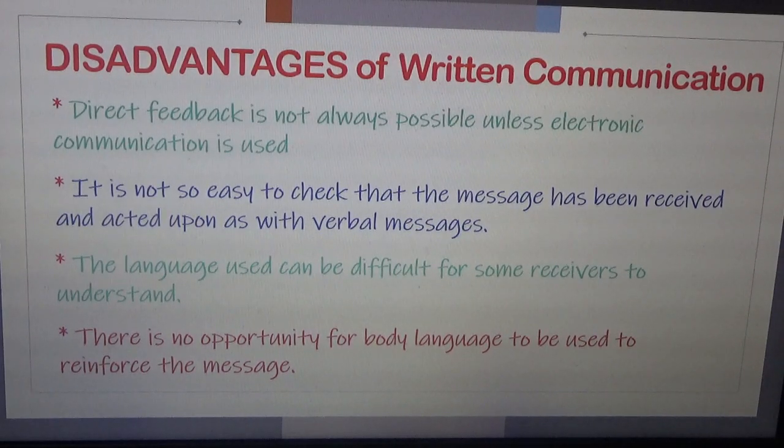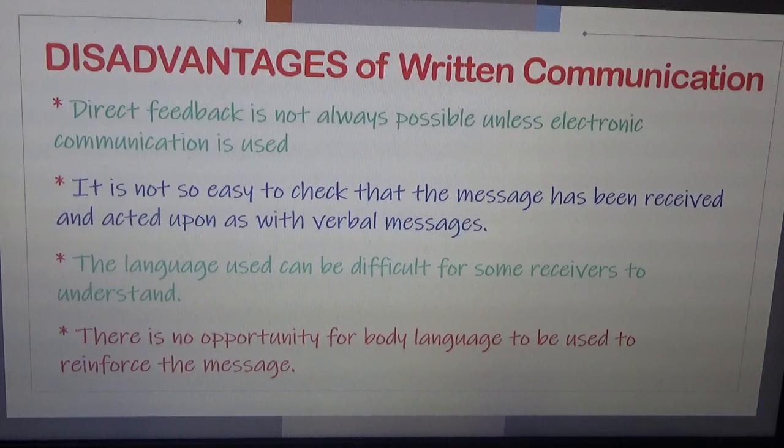Next, the language used can be difficult for some receivers to understand. Okay. If the written message is too long, it may be confusing and lose the interest of the reader. Lastly, there is no opportunity for body language to be used to reinforce the message.